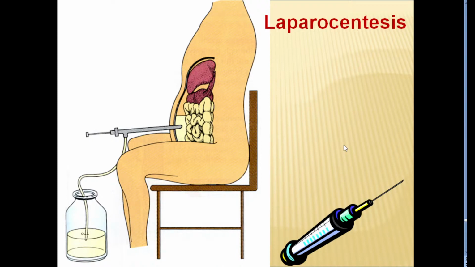It is a small surgical manipulation, an invasive method which has some complications, because if we remove a large amount of liquid, hypohydration may occur. Together with ascitic liquid we will remove protein, which can provoke hypoproteinemia and other complications.